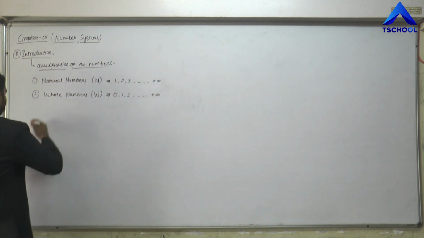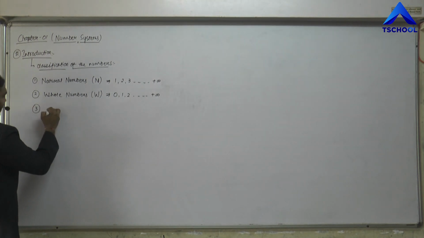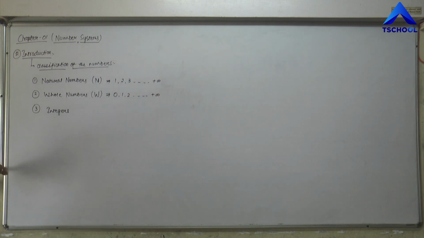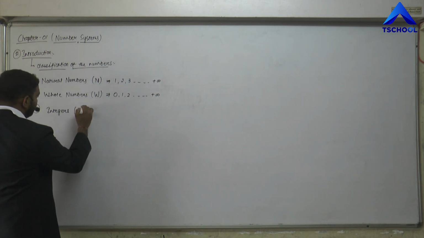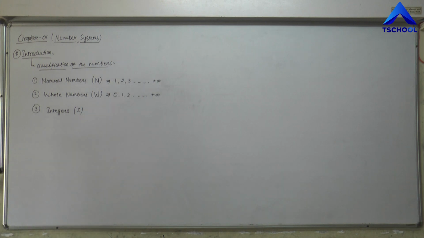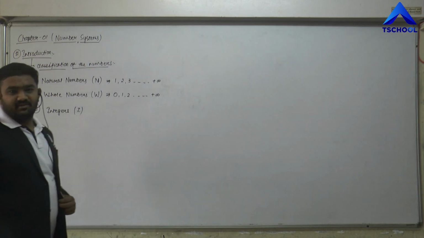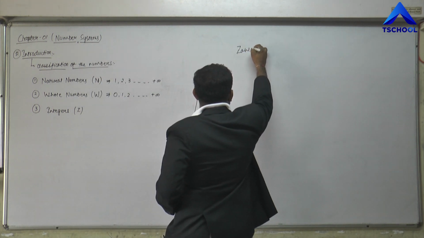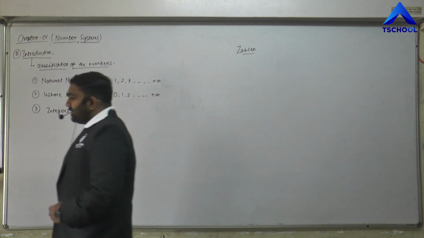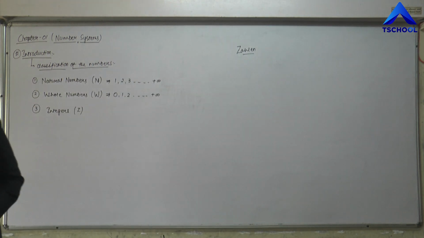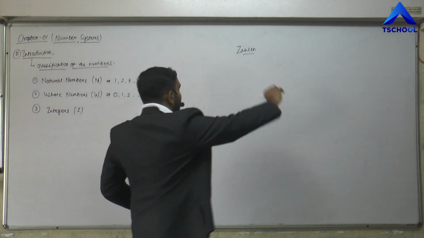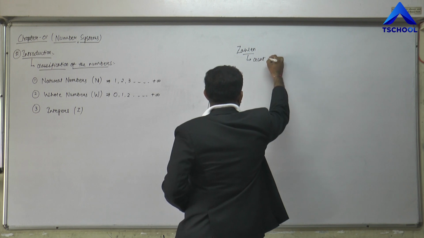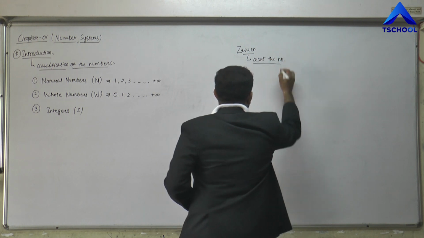Now the third group we have are the integers, right? And integers are denoted as capital Z. This Z comes from the word Zahlen, and Zahlen is basically a word which in English means to count the numbers.